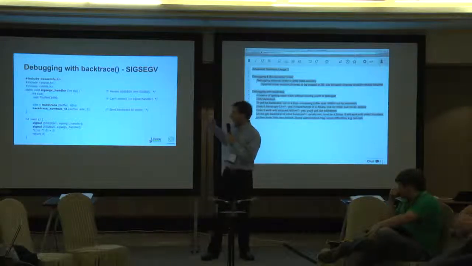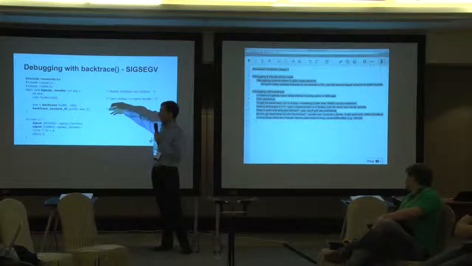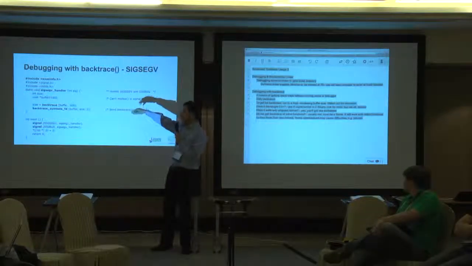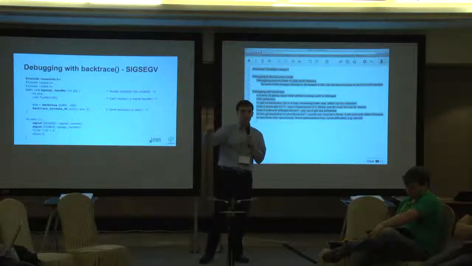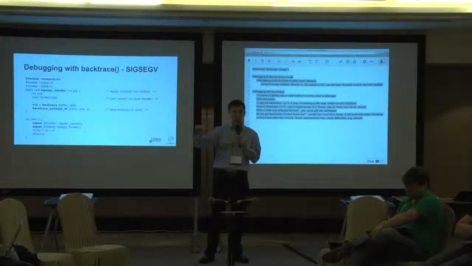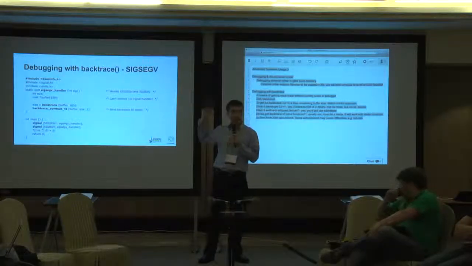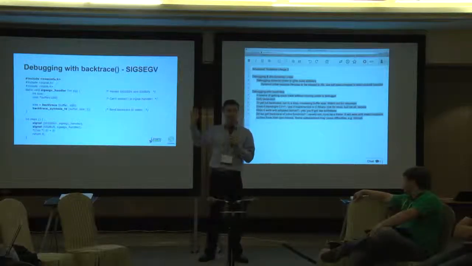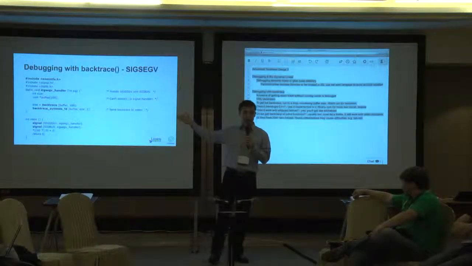The second interface for getting symbols out of a backtrace is backtrace_symbols_fd, which, instead of converting backtrace information into strings, writes those strings into a file descriptor. This can be any file descriptor. It can be stderr, which is the case in this example.